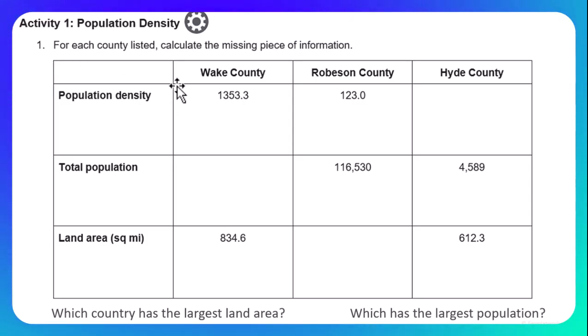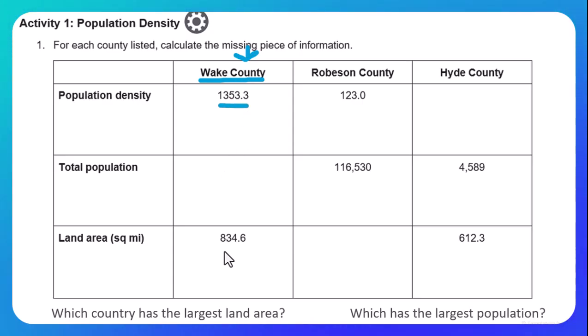All right, so let's look at the first column. Okay, I'm looking at Wake County. So we're going to be looking at this column right here. Make sure you're at the right place in your workbook. We have the population density and we have the land area in square miles.